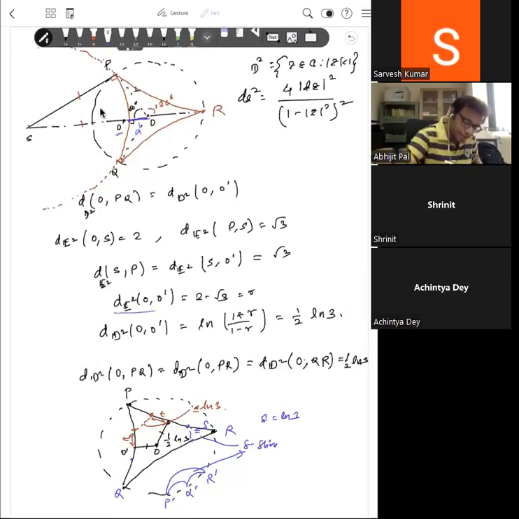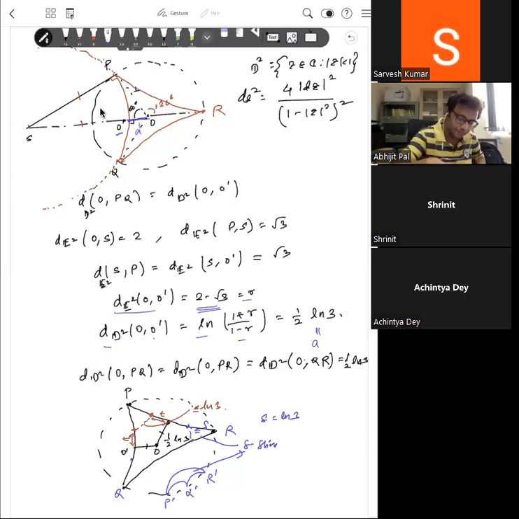The Euclidean distance between O and O prime is 2 minus root 3; let us call it R. The hyperbolic distance between O and O prime will be log of (1 plus R) by (1 minus R). So this distance A, the hyperbolic distance, is half log 3. Therefore we have proved that the triangles are log 3 slim in the Poincaré disk.